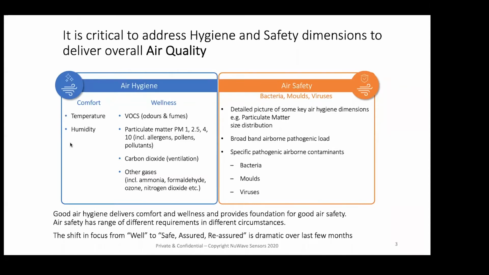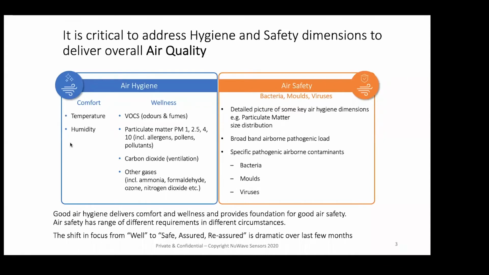Air hygiene is everything to do with the comfort of your rooms: your indoor air temperature and humidity, and things that affect your overall wellness, such as odors, particulate matter, and ventilation levels, which can be measured from carbon dioxide and other gases that might be present indoors. That transitions into air safety. So these are things in the air, such as pathogens that can harm you, or in this case, because it's more of a clinical discussion, immunocompromised patients, for example.